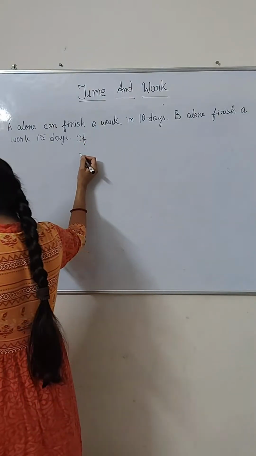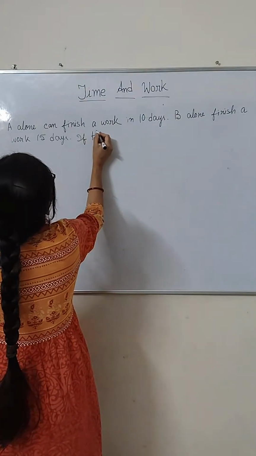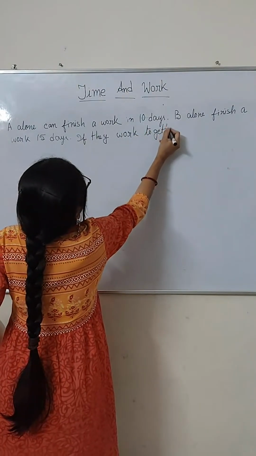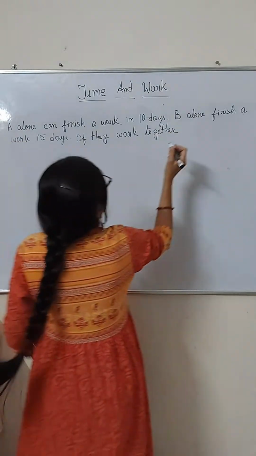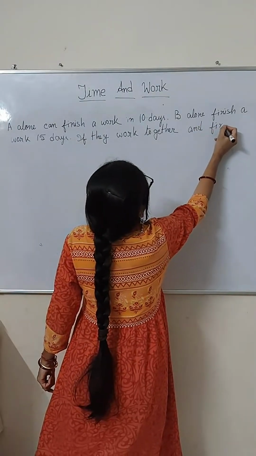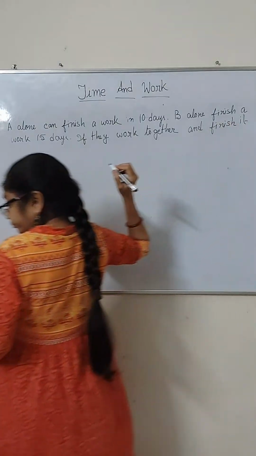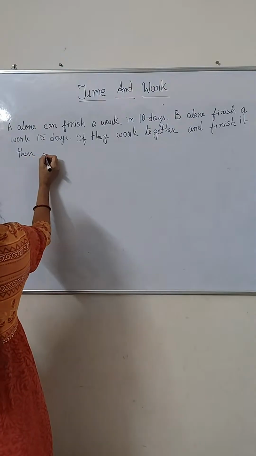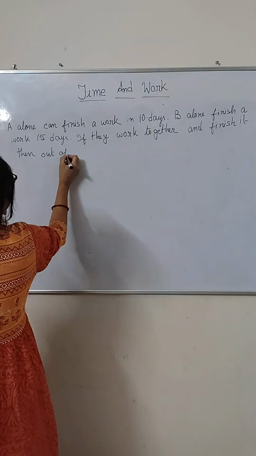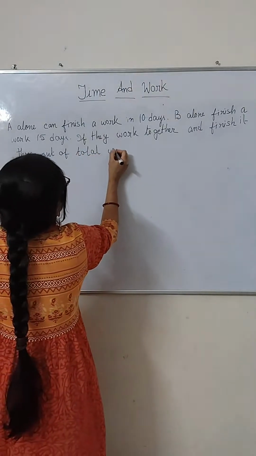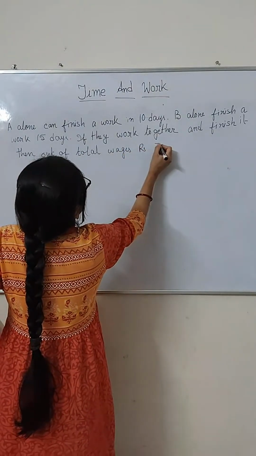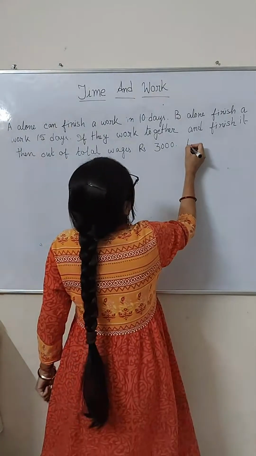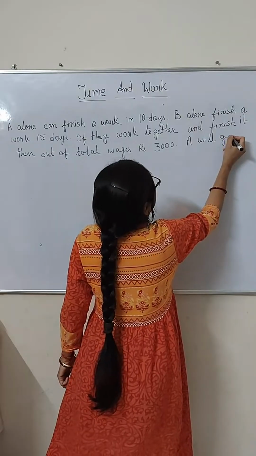If they work together and finish it, then out of total wages, rupees 3,000, A will get how much?